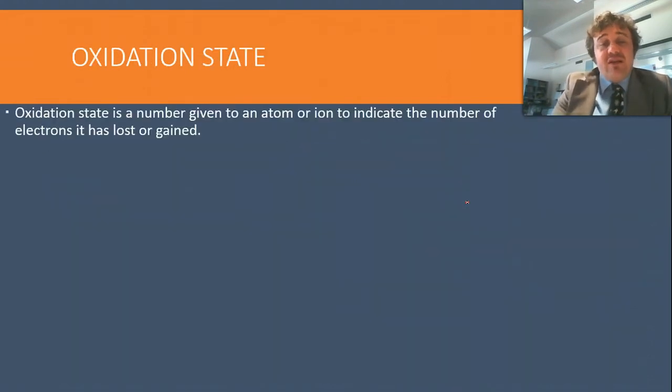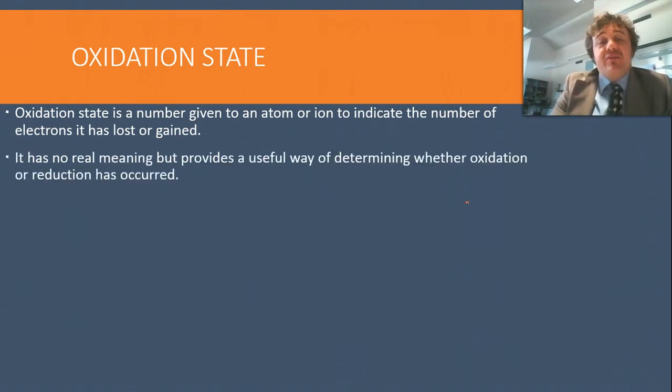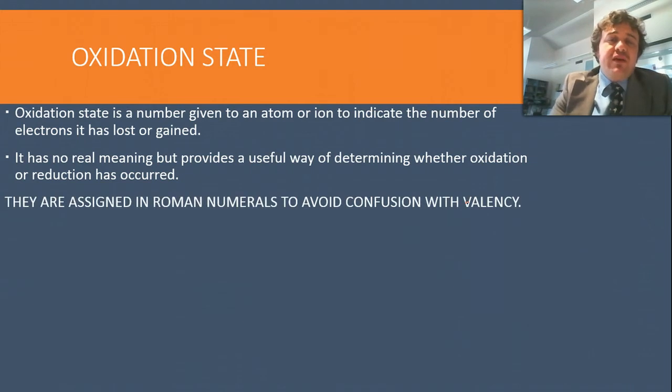Alright, oxidation state. This is part 2 of the video, and this should make a bit of sense. So the oxidation state is a number given to any atom or ion to indicate how many electrons it's lost or gained. It's not a real thing, but it's pretty useful in determining whether oxidation reductions occurred, and you'll see that in the second video, which has a few calculations. Now, we give them Roman numerals.